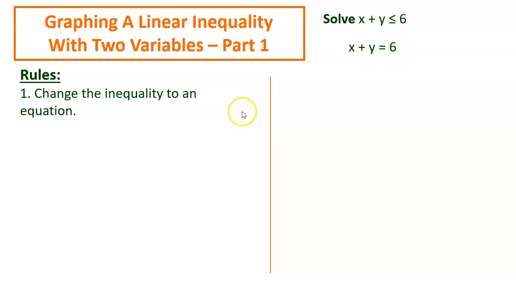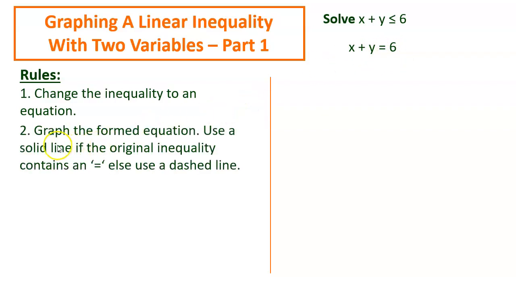And then rule number 2. Graph the formed equation. Since this is a linear equation containing two variables, linear because both x and y have their powers as 1, its graph will be a straight line.